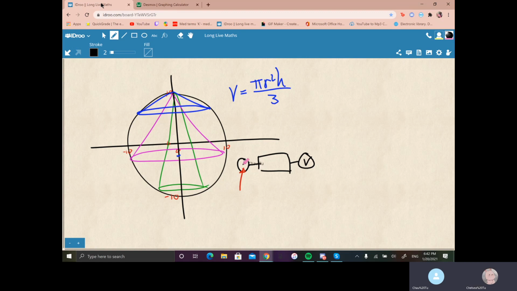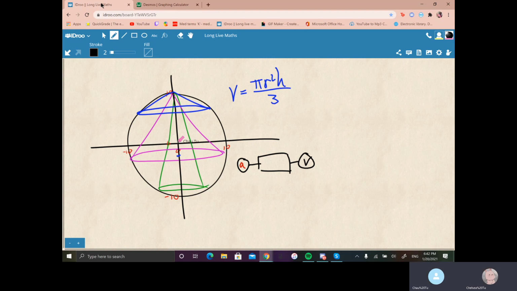But then what does that A represent on our diagram? The length of what? The circumference of the base of the cone?